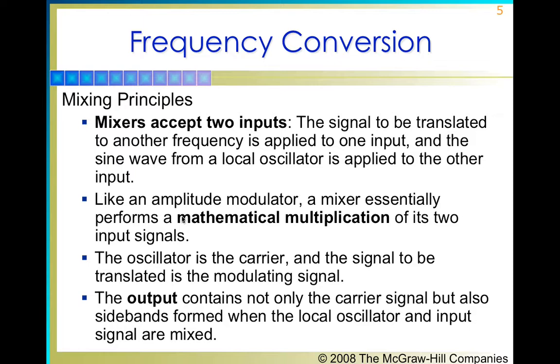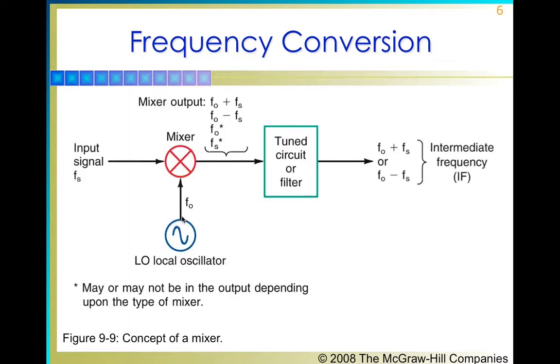The output of the mixer then can have multiple values, and we can see its operation in this figure over here. Here you can see that input is being applied on the mixer and it is also receiving some signal from the local oscillator, and it is generating four signals at its output.